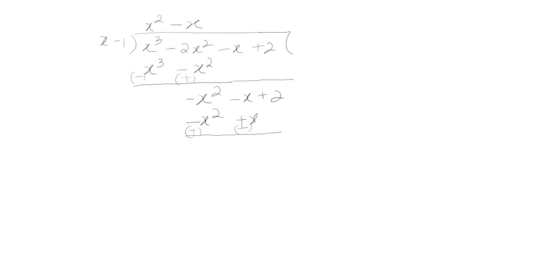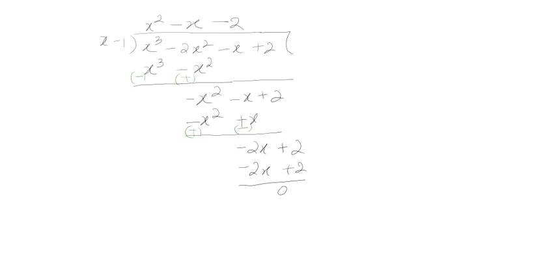So this will get cancelled. We have minus 2x plus 2. So x is to be multiplied with minus 2. So we'll get minus 2x and plus 2, the sign will change and you'll get 0. So the remainder comes 0 because x minus 1 was a factor of this, as we have already said.